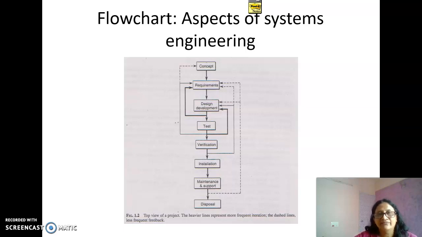If we consider the environmental life cycle of the product, then we have to consider the last phase also, that is disposal of the product when the product declines from the market. So these are the generalized phases or generalized framework of systems engineering which allows you to develop any product. Of course, as I said, it is flexible and you can vary it from problem to problem or from product to product.